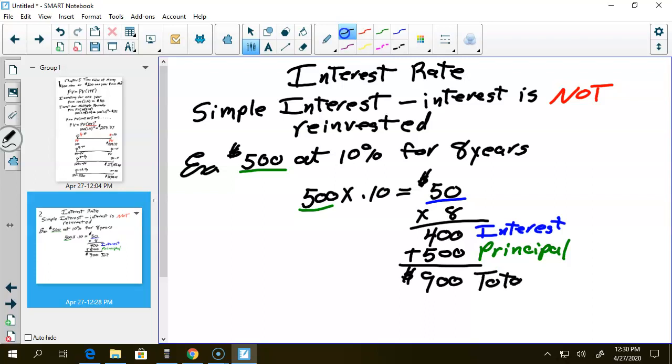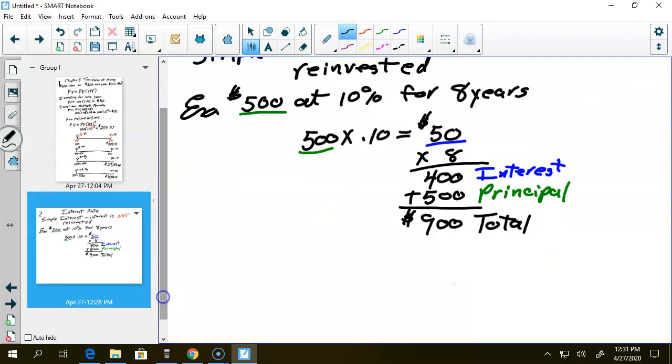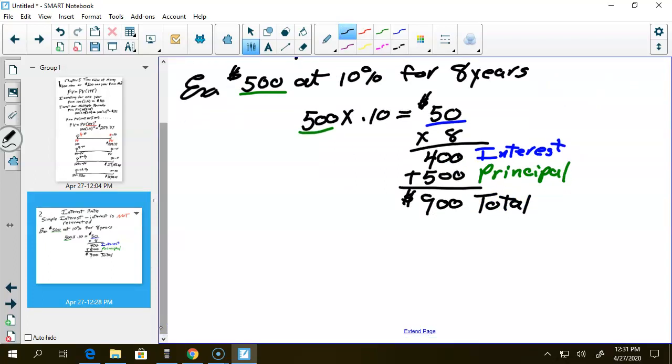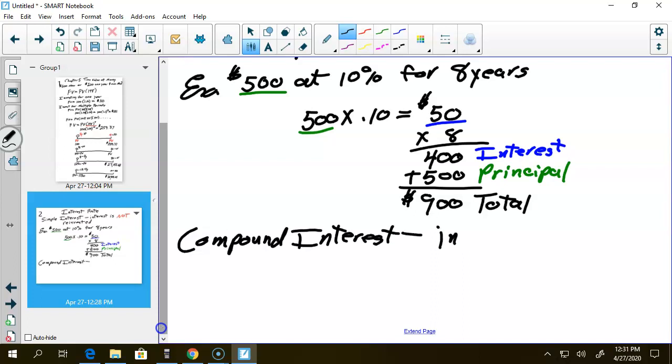Okay, not too bad. All right, now let's talk about what happens with compound interest. With compound interest, the interest, okay, very important here, is reinvested.